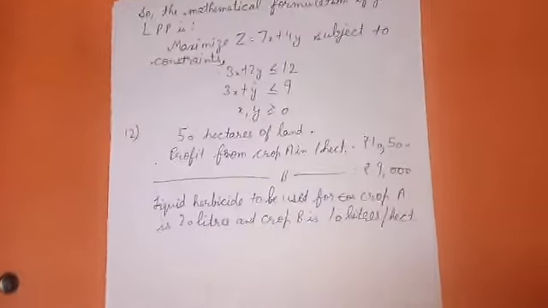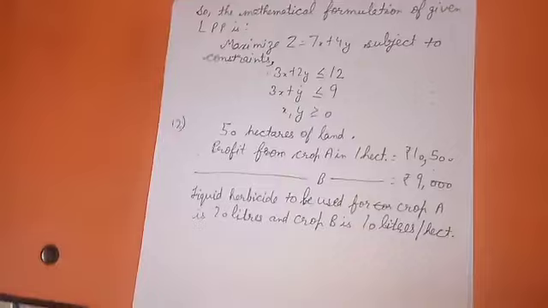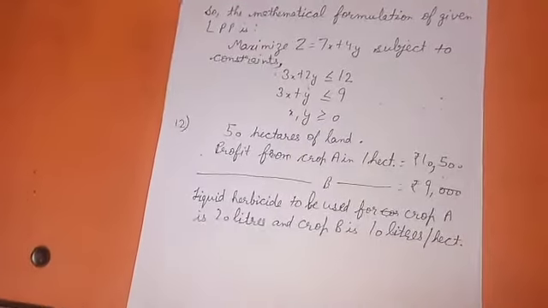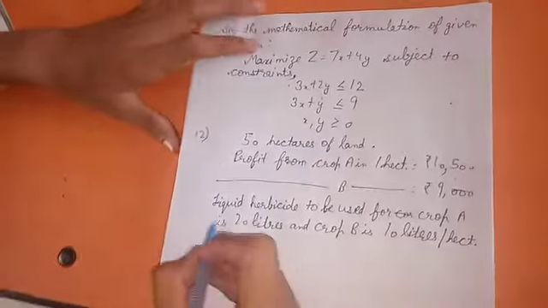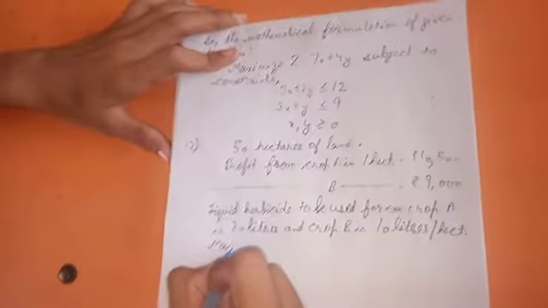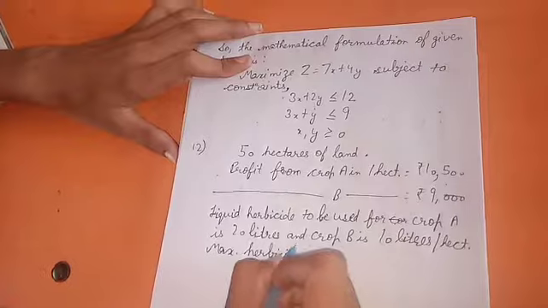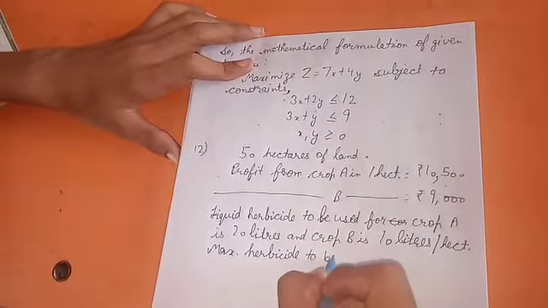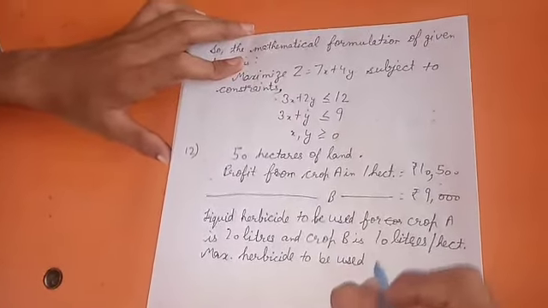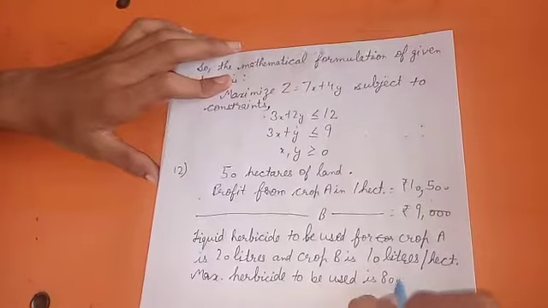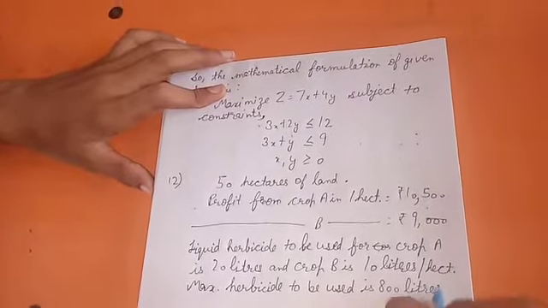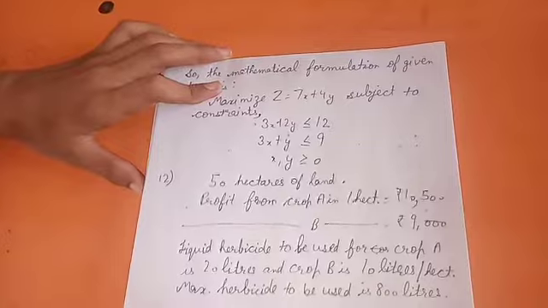Further, not more than 800 liters of herbicide should be used. Then what they have given, maximum herbicide to be used is 800 liters.